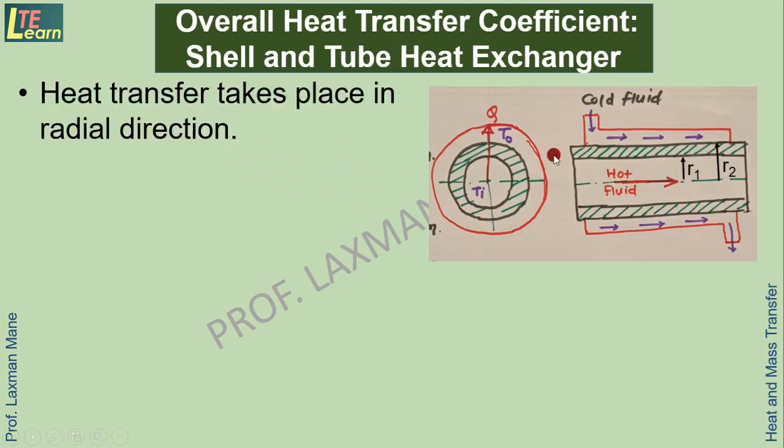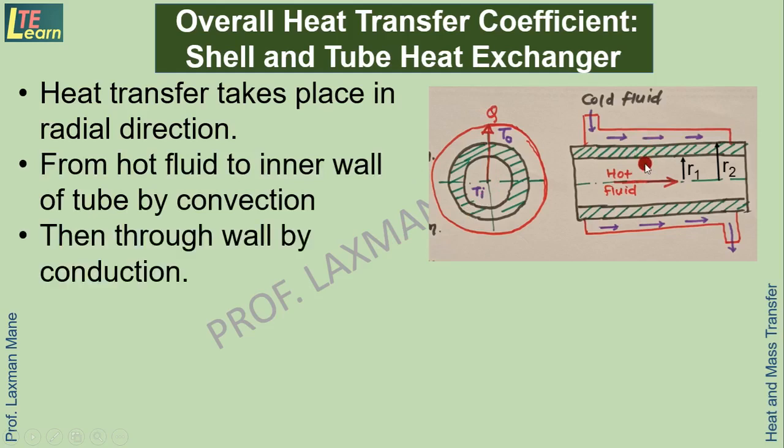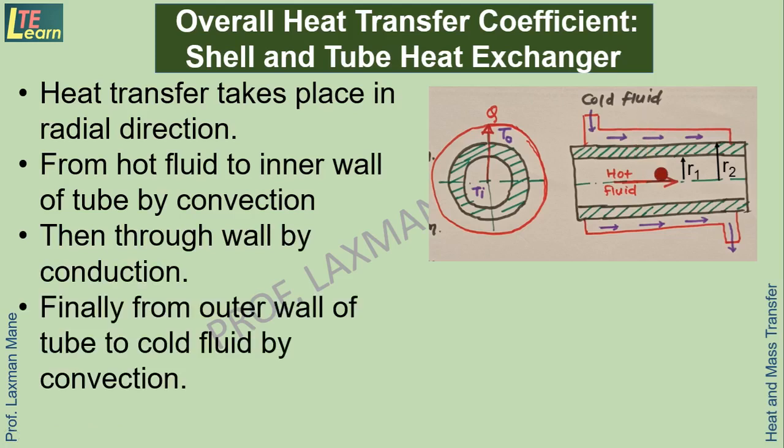So here heat transfer is taking place in the radial direction, along the radius, from hot fluid to the inner wall of the tube by convection. Then through this wall heat transfer takes place by conduction, and finally from the outer surface of the tube to the cold fluid by convection.